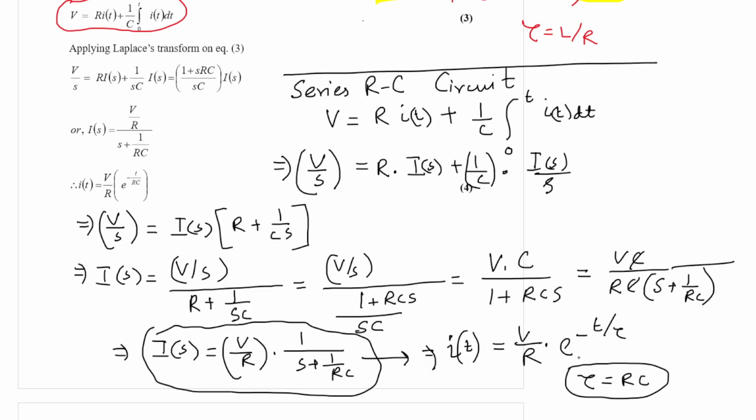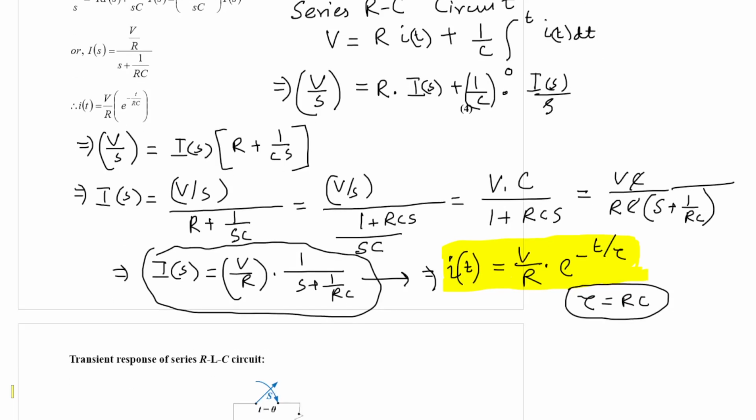Exactly this equation we have derived in the case of a series RC circuit. So whatever the method, the result remains the same. From here you can evaluate VR(t) and VC(t).